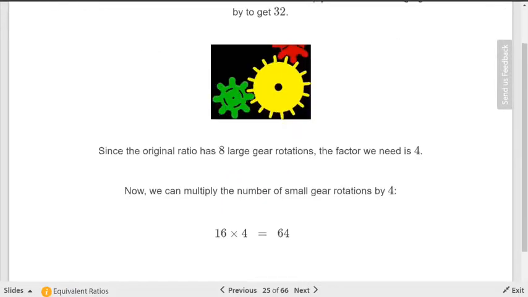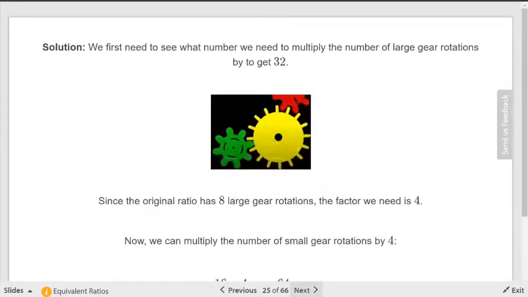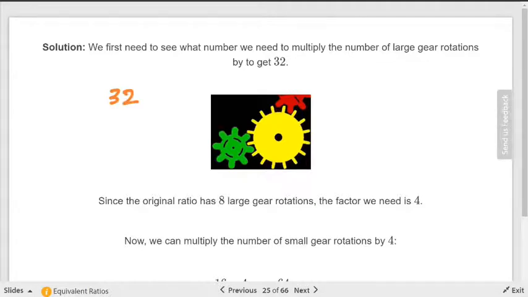That's not correct, is it? Yeah, that was small to large. Okay, never mind. I'm sorry. So 8 large. The factor we need is 4. So what you need to do is simply take the new number you want and divide it by the number you have, and that will give you your multiplier.